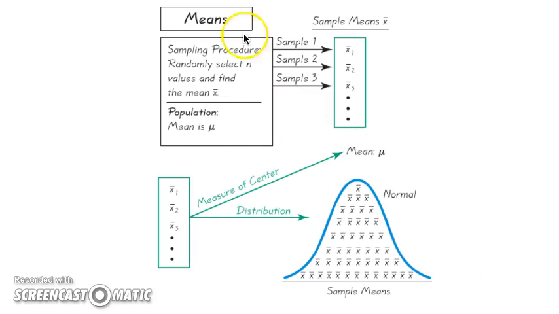Taking a sample, for example, I ask 90 students at our school how many hours of sleep they got, and one sample would be the average of all the hours of sleep they got. That's one x bar. That'd be my first sample, and then that would pop down here, and then I would take a second sample. The average for that second sample would go down here.